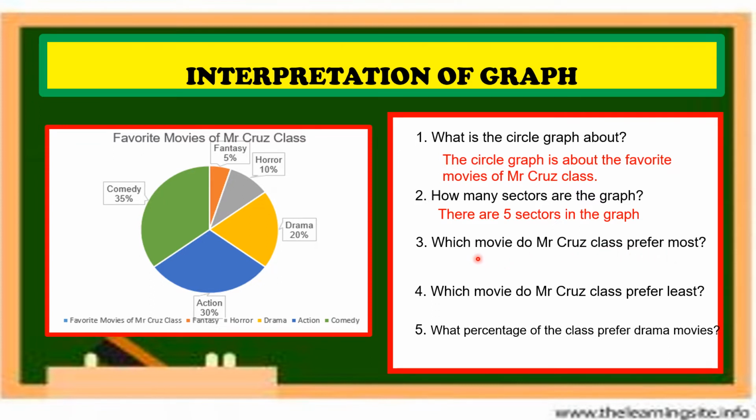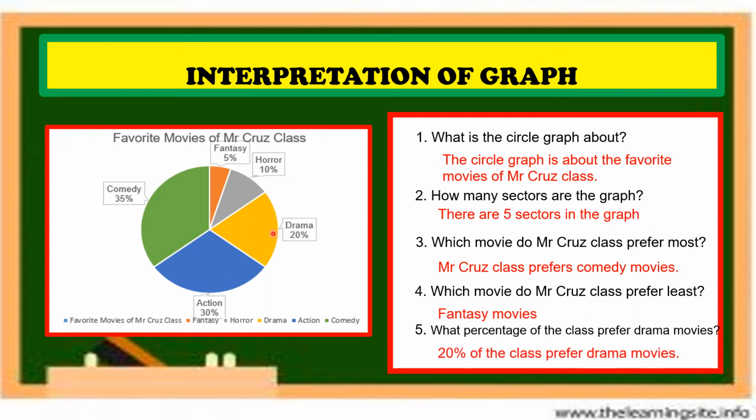The answer is Mr. Clue's class prefers comedy movies. Which movie does Mr. Clue's class prefer least? The answer is fantasy movies. What percentage of the class prefer drama movies? So the answer is 20% of the class prefer drama movies.